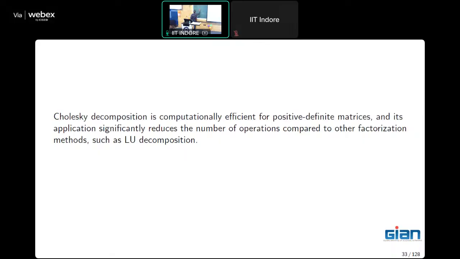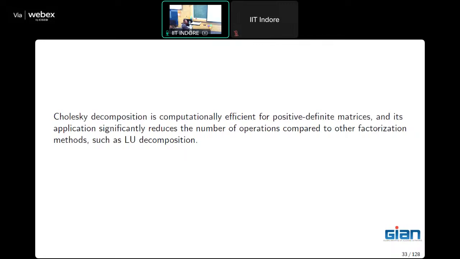And here matrix A is nonsingular, its determinant is not equal to 0, and you are taking it symmetric and positive definite, x^T A x greater than 0. These two conditions you need, and in that case you will get the Cholesky factorization.